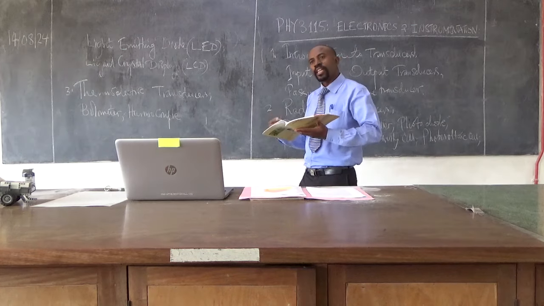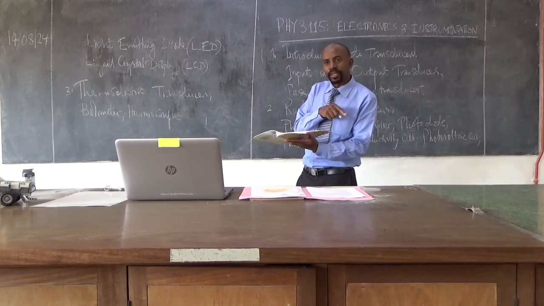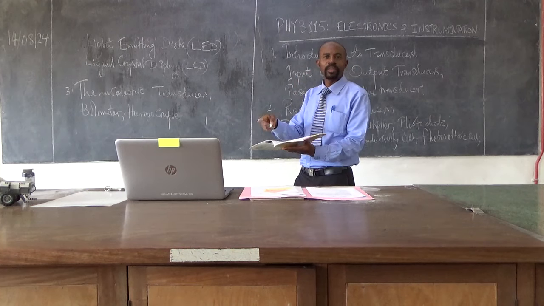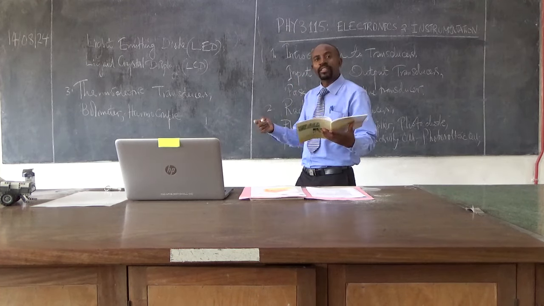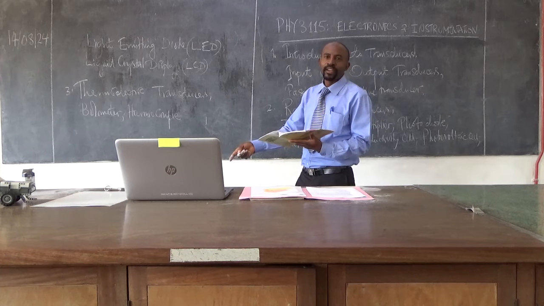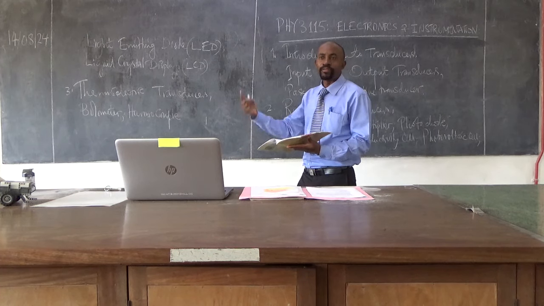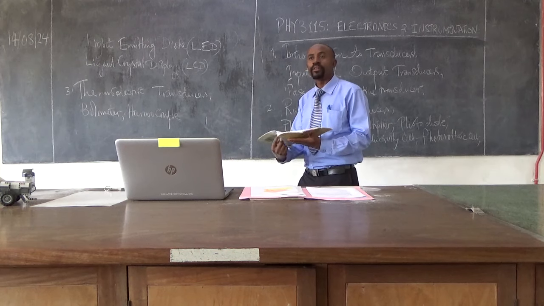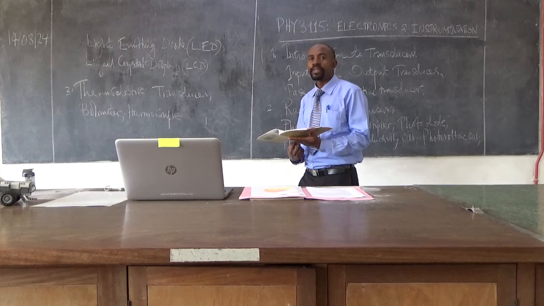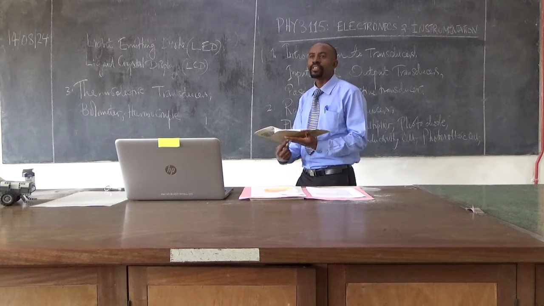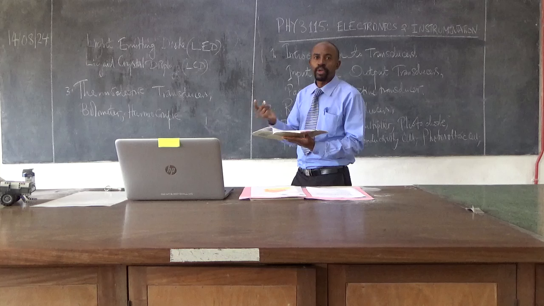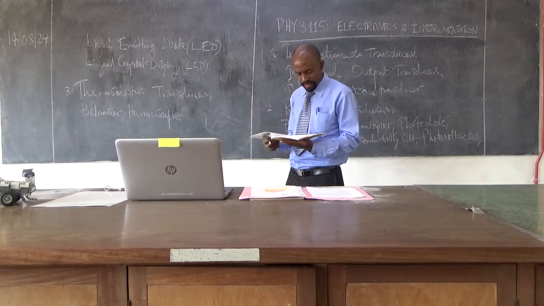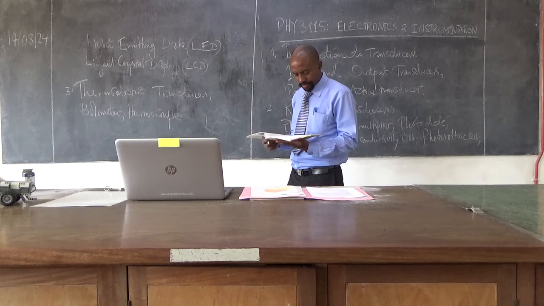And you can translate that value into the temperature value that you are trying to measure. Since the more the temperature, the more that voltage will be. So instead of reading volts, you are reading kelvins or degrees Celsius, whichever scale you got. But actually, what is happening is the difference in the temperature of these two joints gives you the voltage, which eventually is calibrated and given out as the temperature.